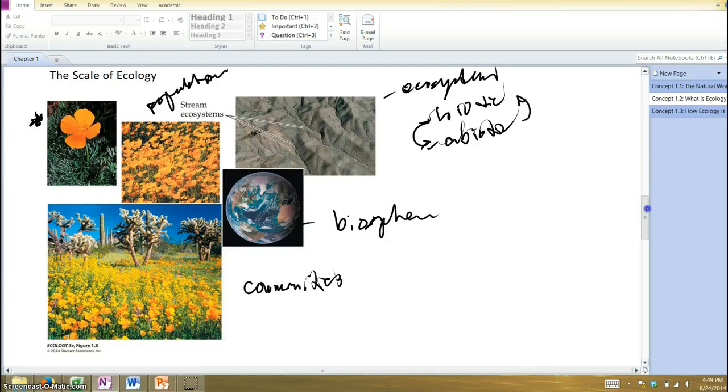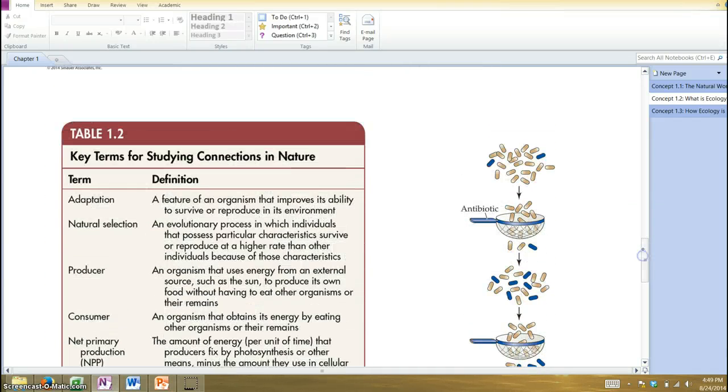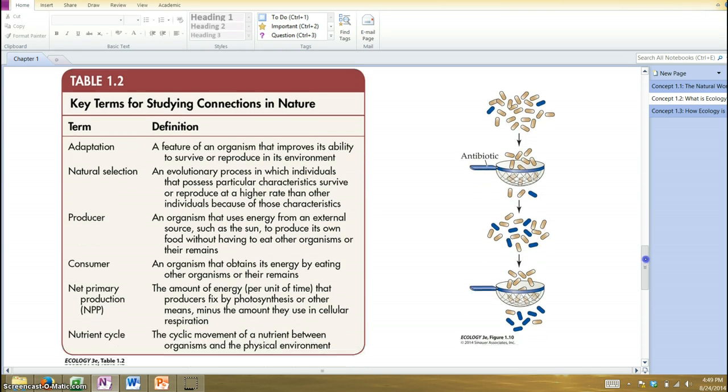Okay. So, when we study connections in nature, we look at different characteristics of organisms.